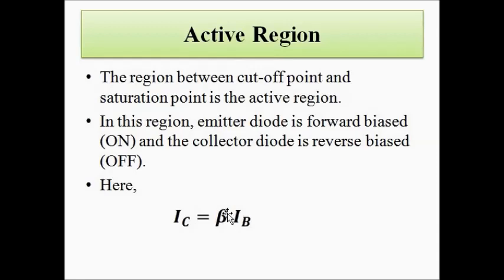Normally the common emitter BJT is the most popular configuration, used for a variety of purposes, mainly for the amplification of weak signals. That's why we are using the common emitter configuration in all these videos. So in the active region, IC is equal to beta IB, this relationship is applicable.